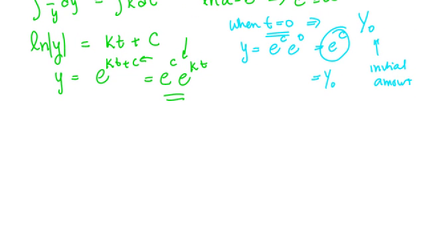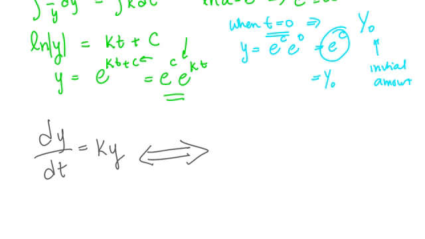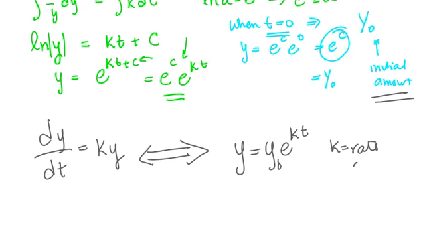And putting it all together now, if we start off with an equation where we know the y function varies with time proportional to the amount present, then we know the solution to this, based on the proof that I've just done, is that, where y0 is the initial amount, and k is a constant, and it represents the rate constant.